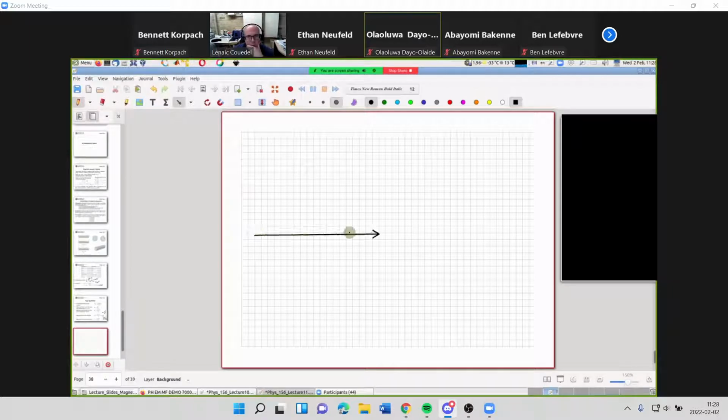We put an axis like that, and we will call it the x-axis, and I will put a first charge here that we'll call Q1. I will put a second charge here that we call Q2, and I will be studying a charge here that I will call Q3. So that's the situation you're interested in?